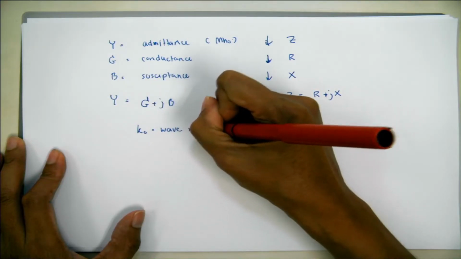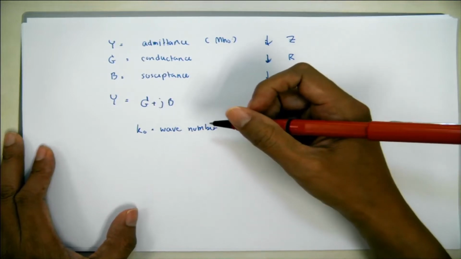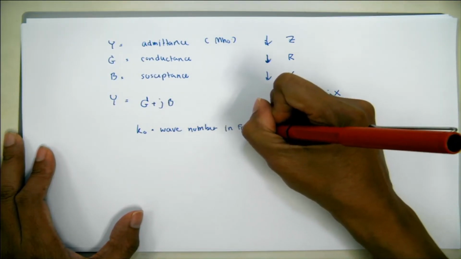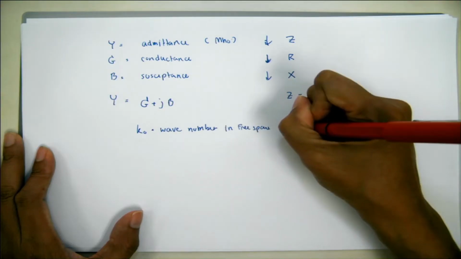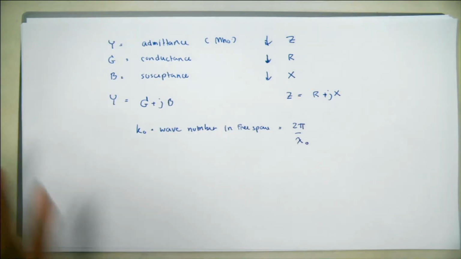The naught or zero subscript represents the wave number in free space, so it could be written as 2 pi over lambda naught. And if you still remember, you might be curious.